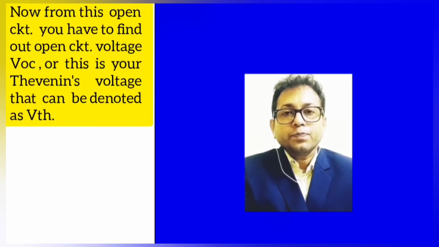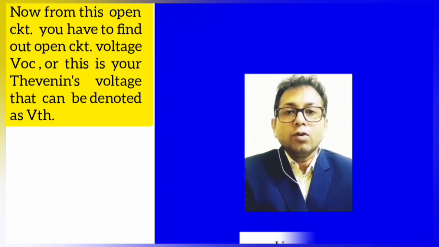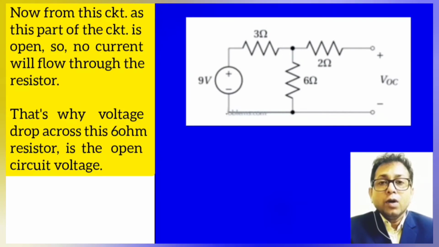Now from this open circuit you have to find the open circuit voltage VOC, or this is your Thevenin's voltage, which can be denoted as VTH. As this part of the circuit is open, no current will flow through this resistor.